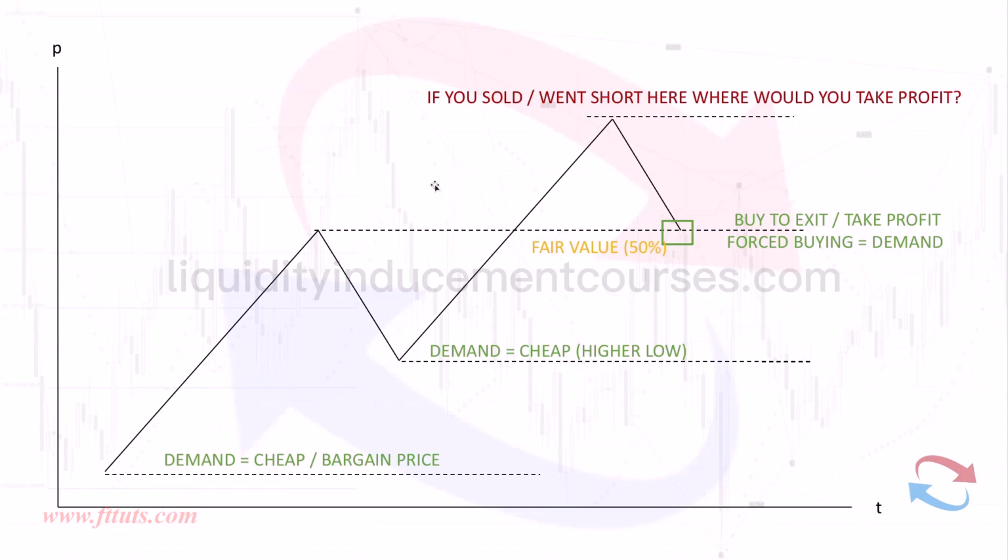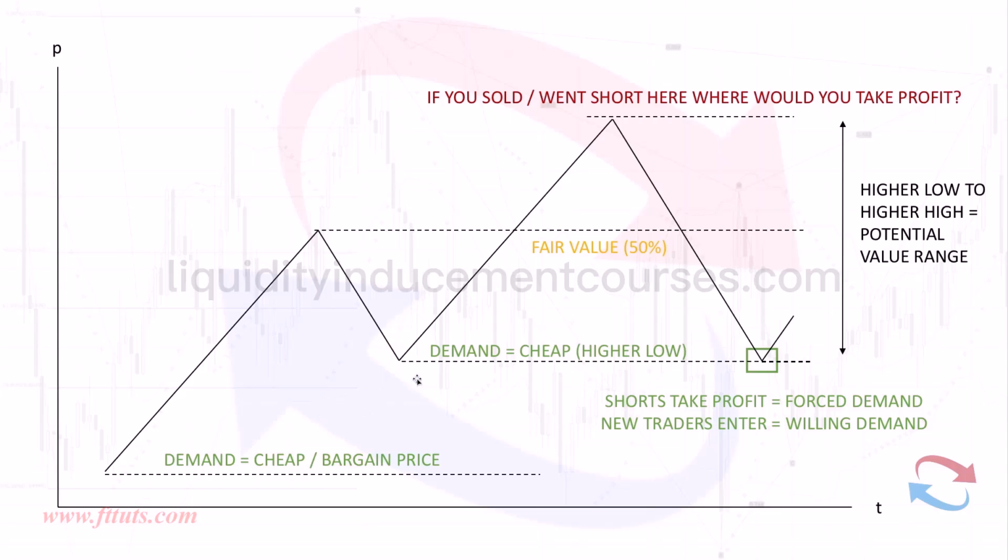But for the sake of understanding where you want to have all your ducks lined up in a row, the best possible trade to take is really going to be down here from a value perspective.